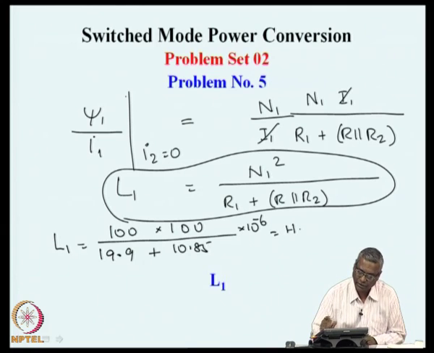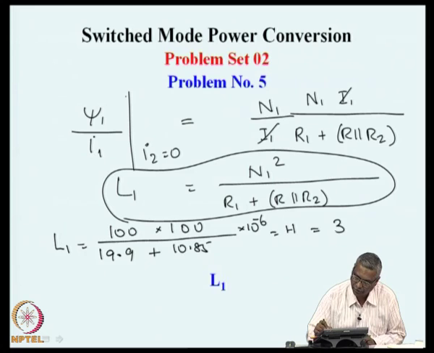So, this is in Henry, and this number, if it is simplified, will be 325 microhenry.